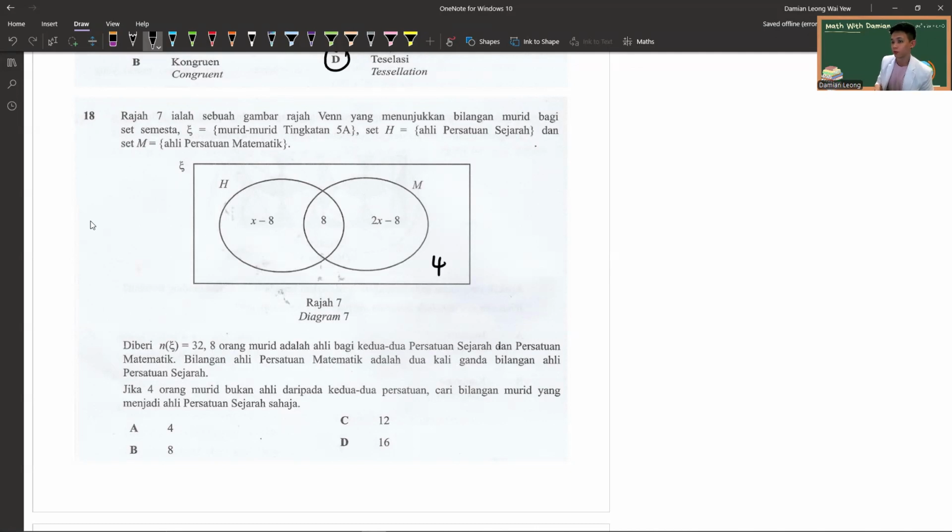So the number of math society members means x minus 8 plus 8. This whole group is 2 times the number of history society members, 2x minus 8 plus 8.